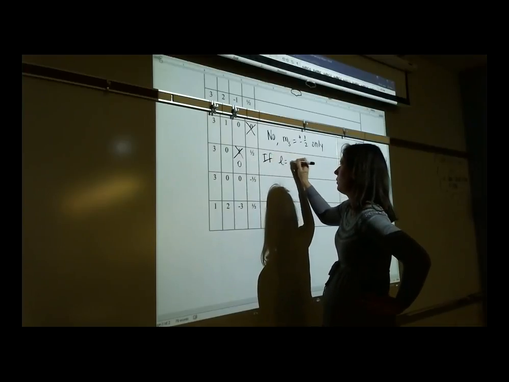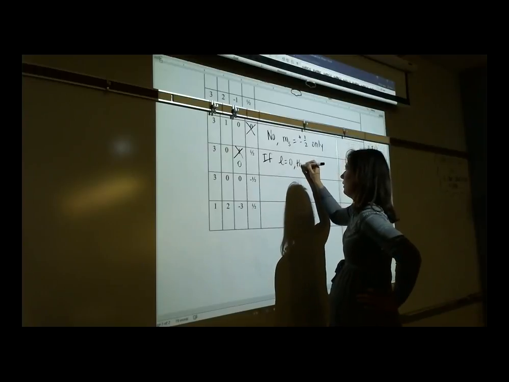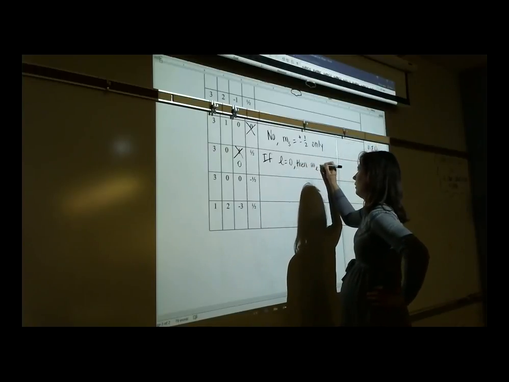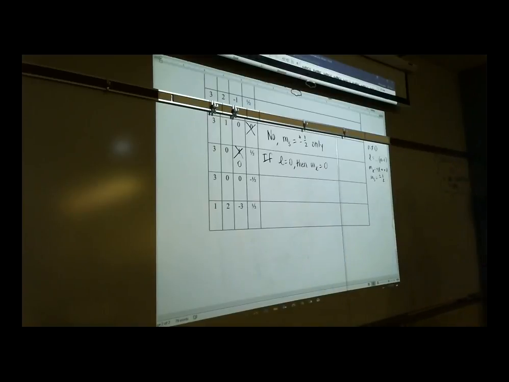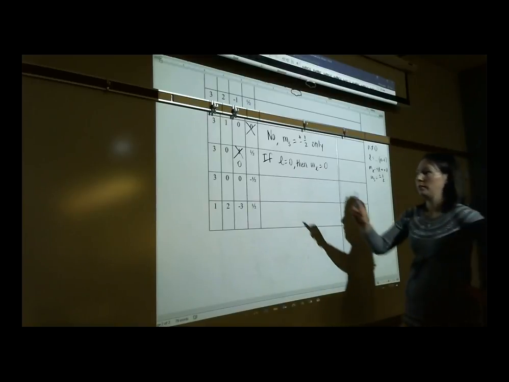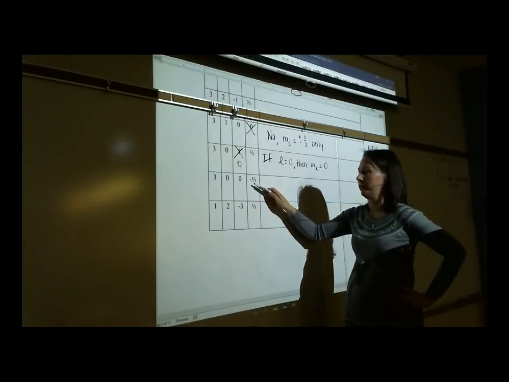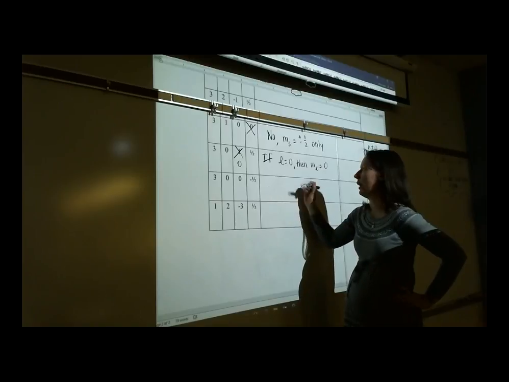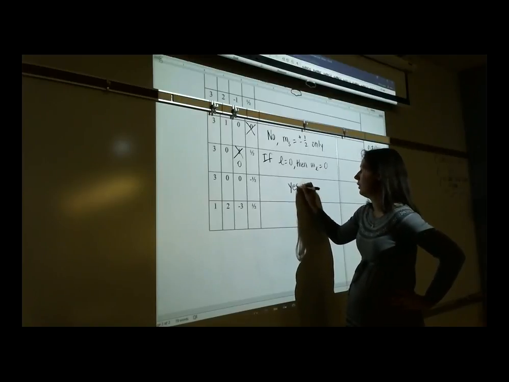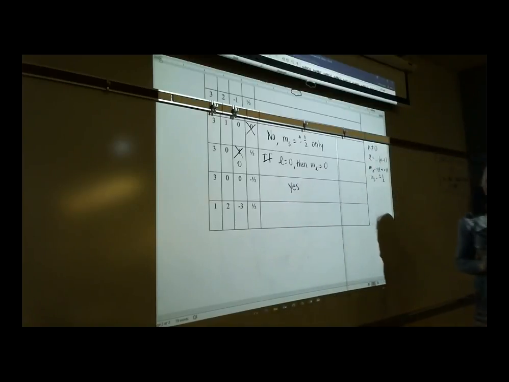If L equals 0, then M sub L is 0 as well. So, because we just corrected this, this one's pretty easy. Is this a valid set? 3, 0, 0, negative 1/2? Yes, that's allowed. And then the last one, 1, 2, negative 3, 1/2.